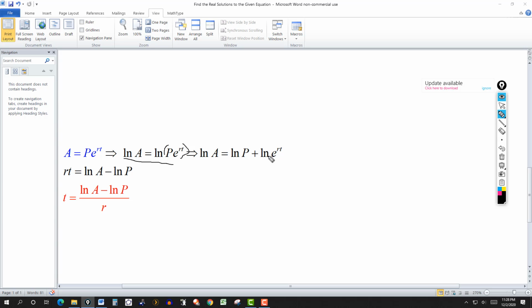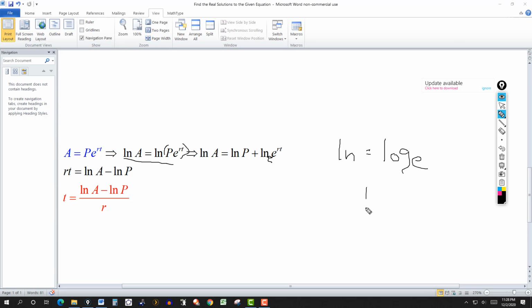Now because this base right here is understood to be e, when you see ln, that's the same thing as log to base e.